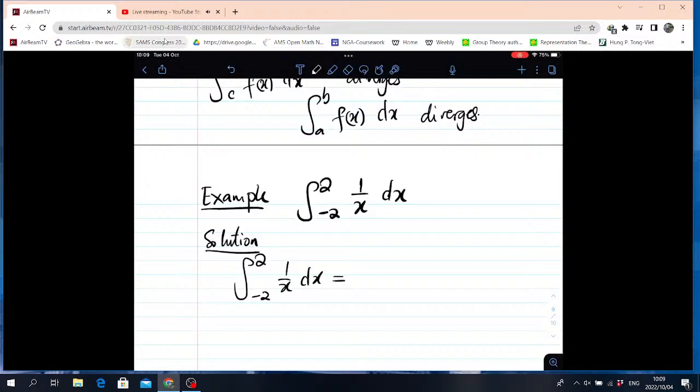If you look at this, you'll see that 1 over x is not continuous at x equal to 0. That is the only point of discontinuity. So we have to separate it and say this is the integral from -2 to 0 of 1 over x dx plus the integral from 0 to 2 of 1 over x dx.